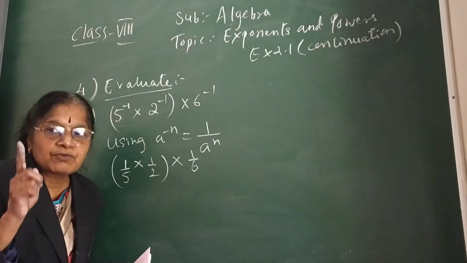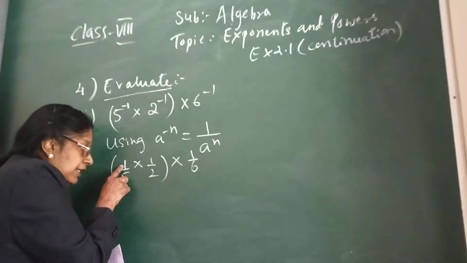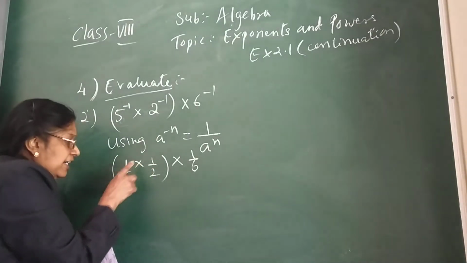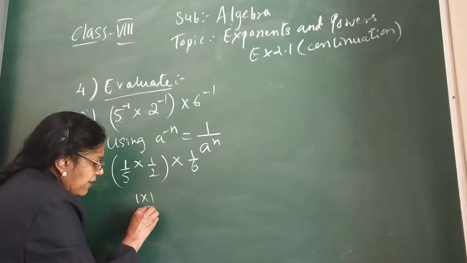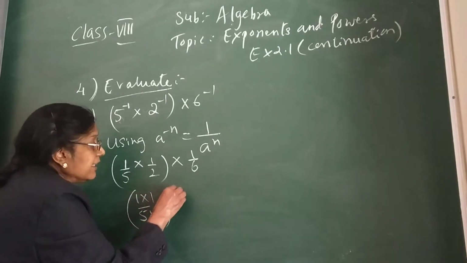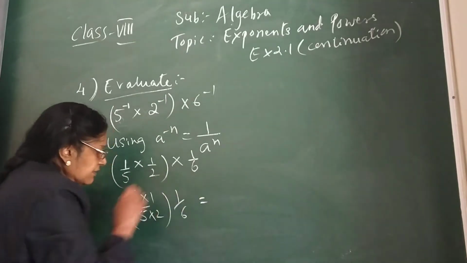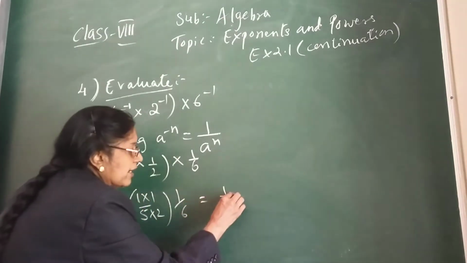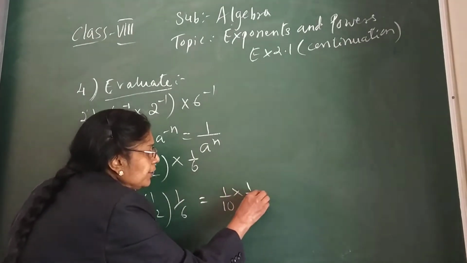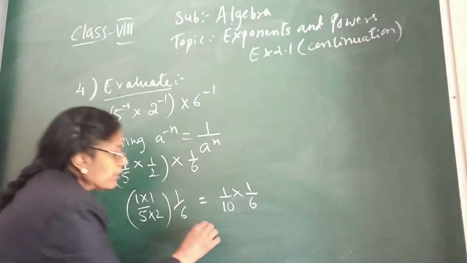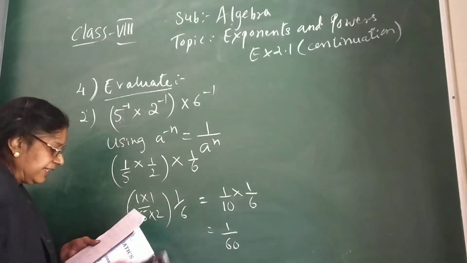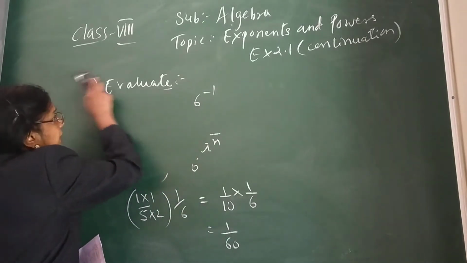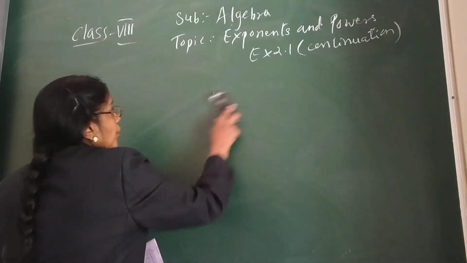Multiplication of fractions, what does it say? Numerator to numerator multiply, denominator to denominator multiply. So 1 into 1 divided by 5 into 2, into 1 by 6. This will be equal to 1 by 10 into 1 by 6. So how much will we get? 1 by 60. That is your answer. Very easy it is. That is your fourth main that you have done.